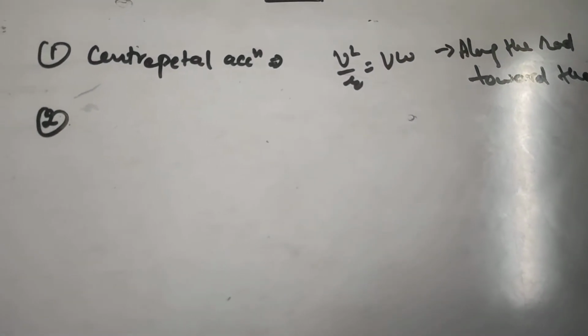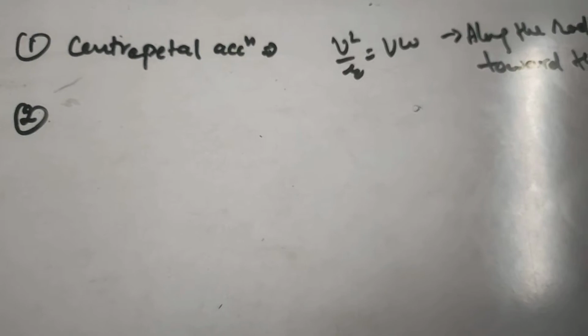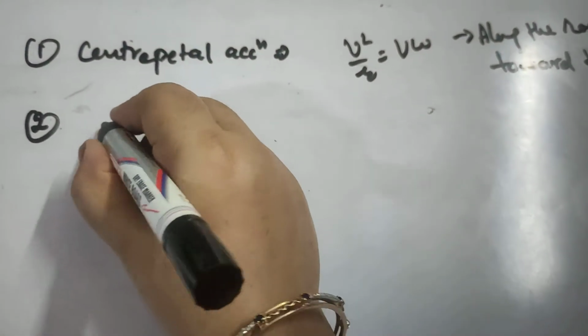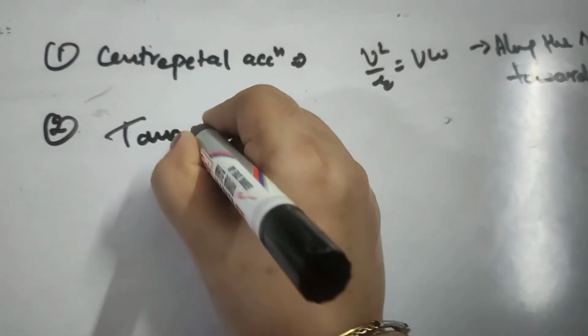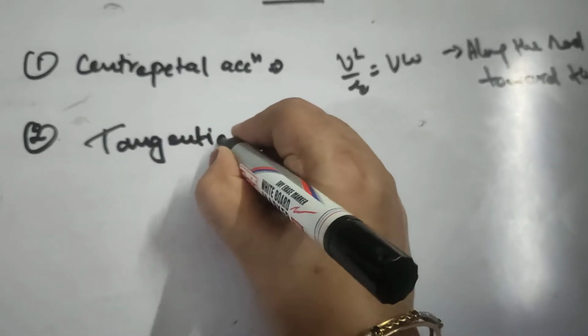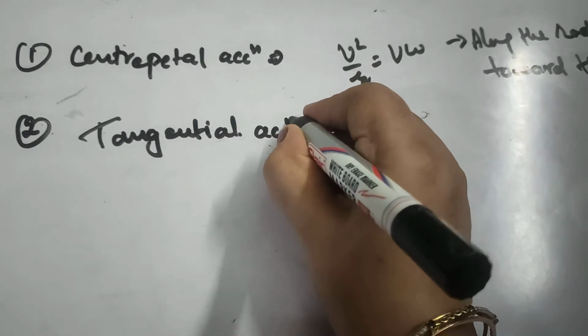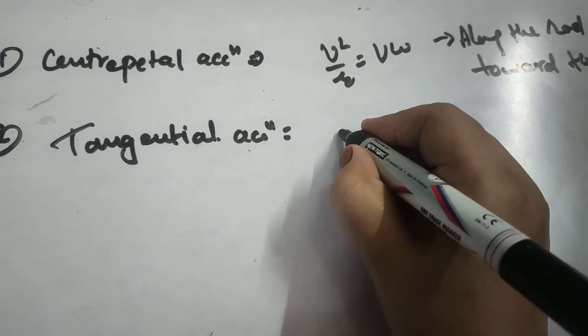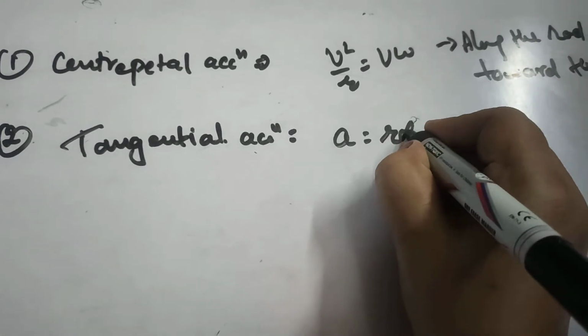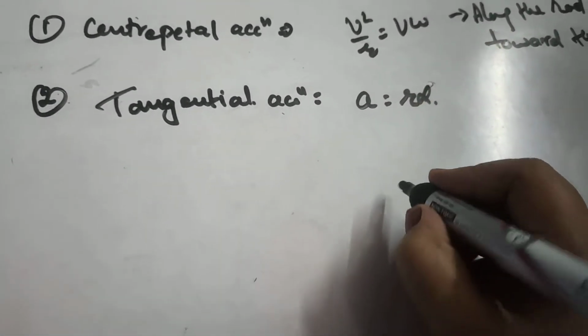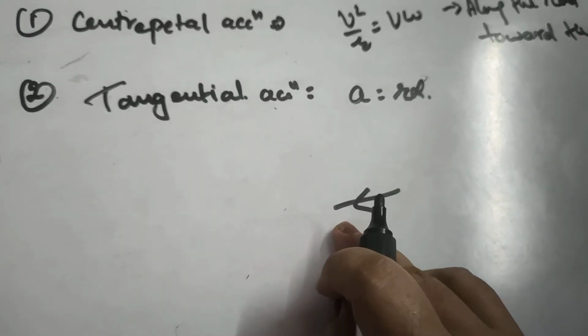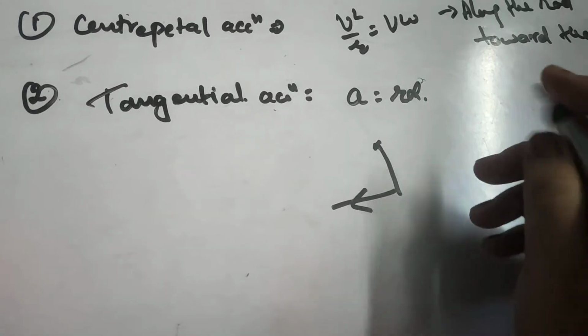Another kind is angular or tangential acceleration, which acts along the tangent to the circular path and is given by a is equal to r alpha. So clearly one is along the radius toward the center and the other is along the tangent.